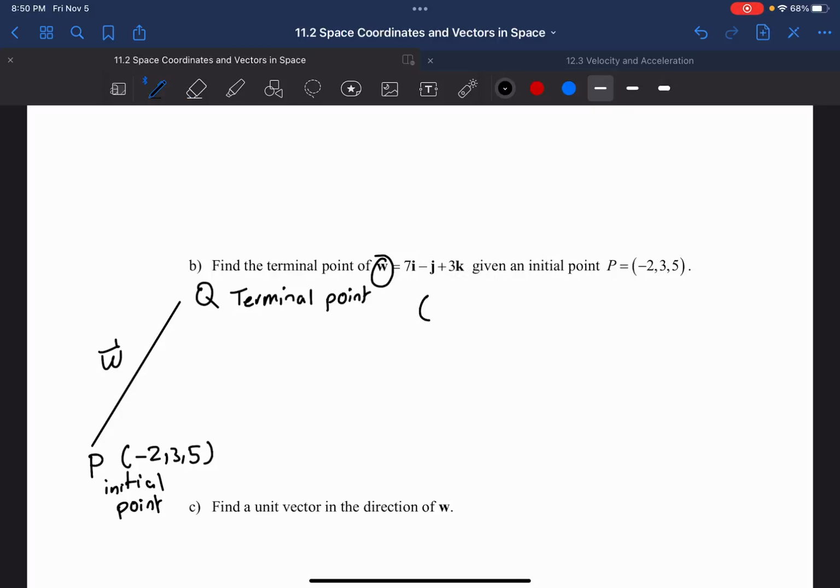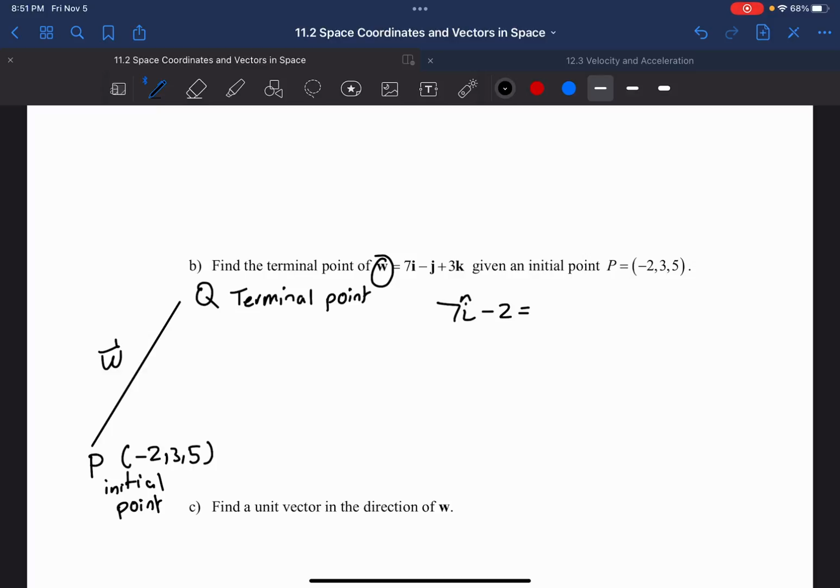You can do it component by component. So here, 7i minus 2, which came from here and here, just to find the difference between them, how far they are from each other, how many steps it took to get from point P to point Q. That's basically what we're trying to do.